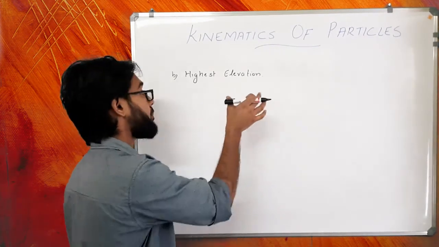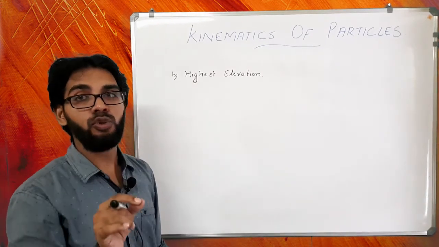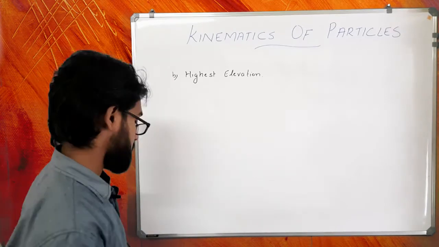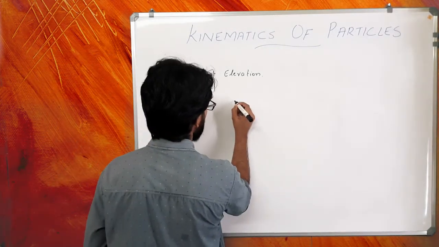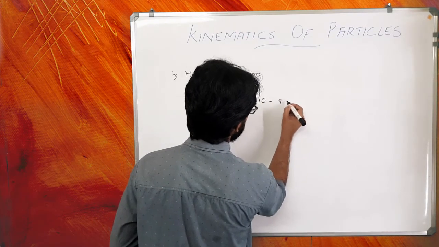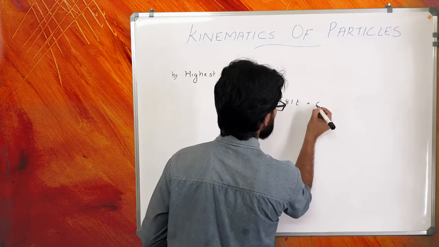So the highest elevation, we can find it by substituting v equals 0 in the above equation. We have the velocity v equals 10 minus 9.81 t, which I equate to 0.